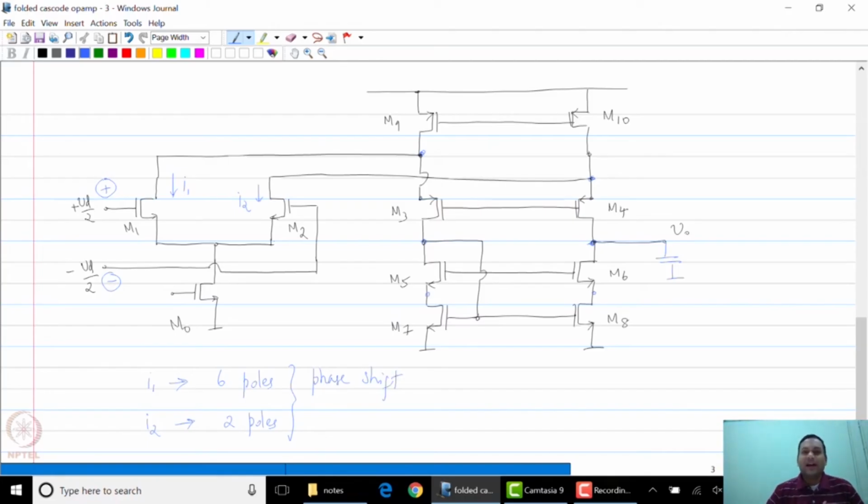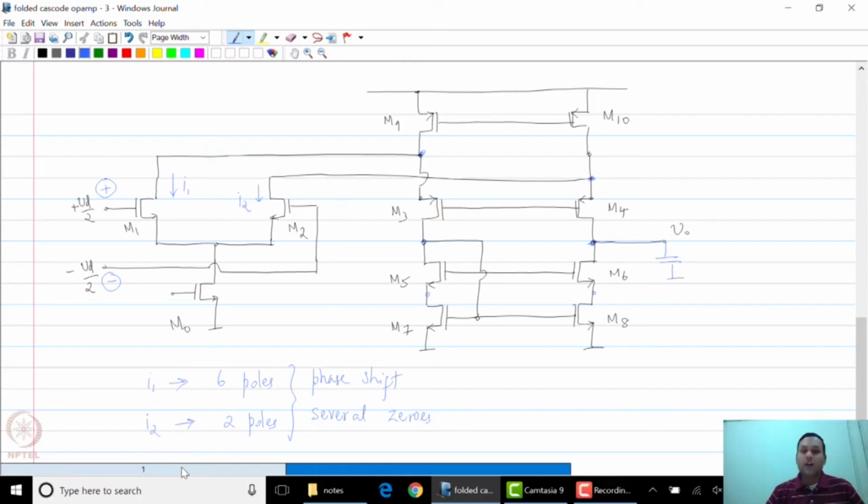You do expect zeros in the transfer function, and now because there is such a large difference between the number of poles in the two paths, you expect several zeros in the transfer function.